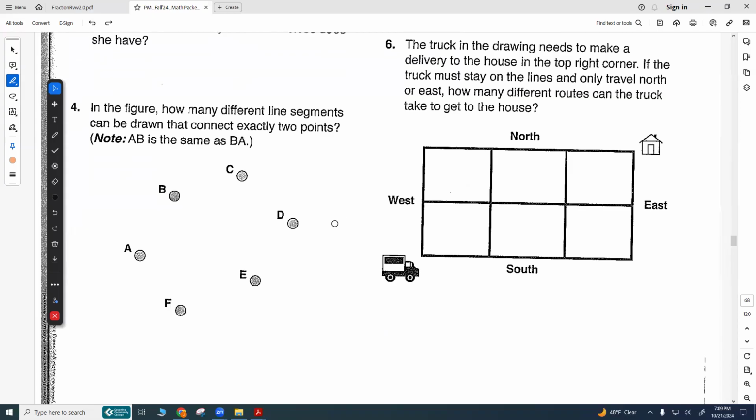Okay, in the figure, how many different line segments can be drawn that connect exactly 2 points? So, that's a lot, right?